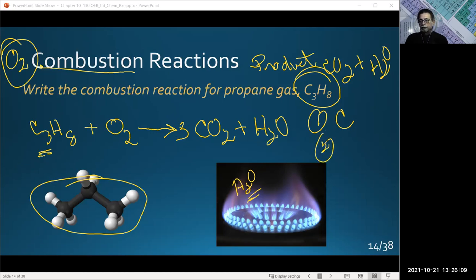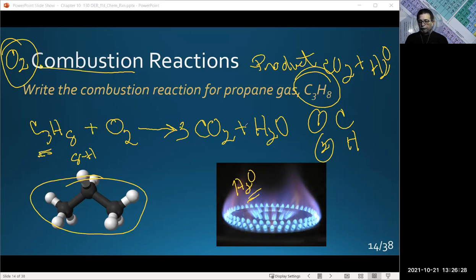Number 2, balance the hydrogens next. You can see on the reactant side we have 8 hydrogens, so we need to balance these 8 hydrogens. The hydrogens are in the form of water now as products.